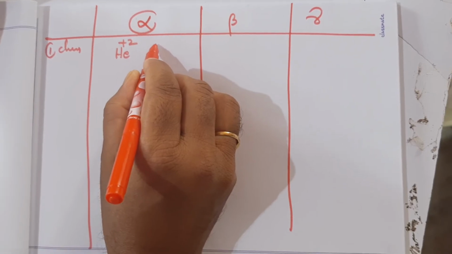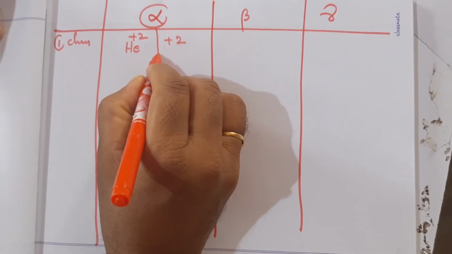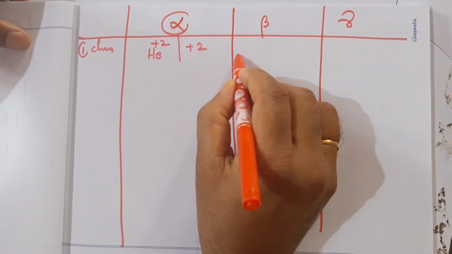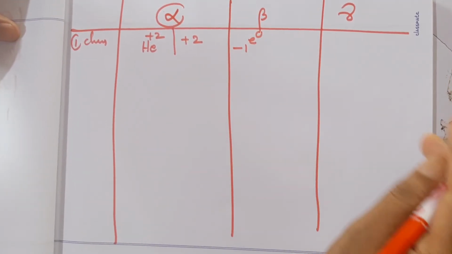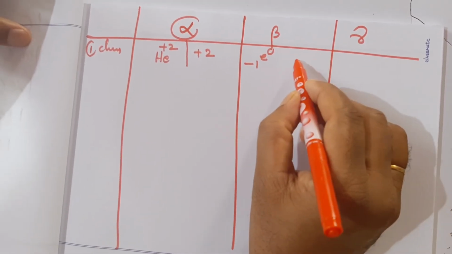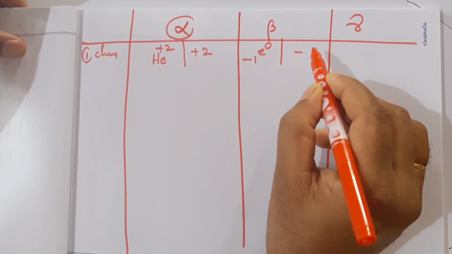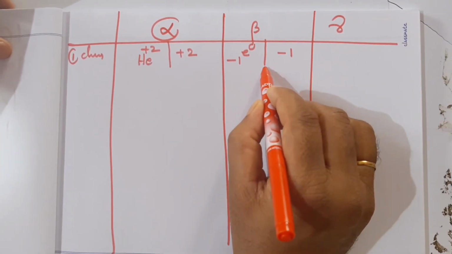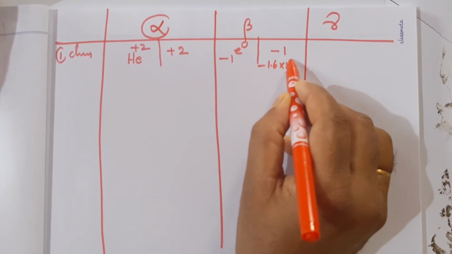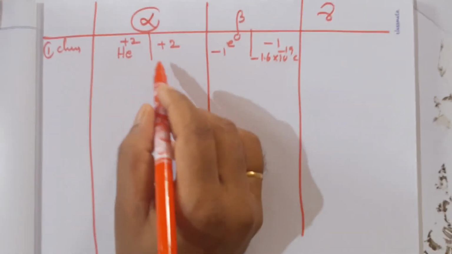So it has 2 units positive charge. Beta particle is nothing but what? It is an electron, a fast electron coming out from the nucleus. Therefore, it has 1 unit negative charge, minus 1. Its charge is equal to the electron charge, that is 1.6 into 10 power minus 19 coulomb.